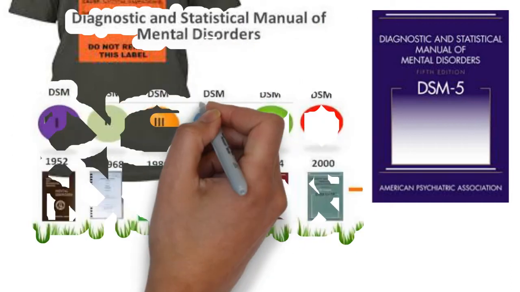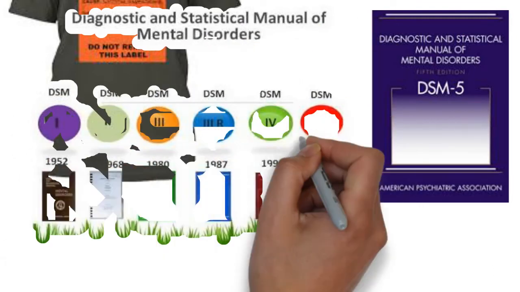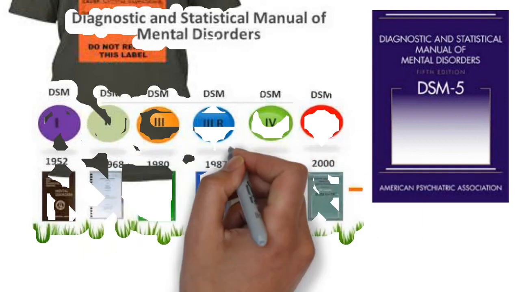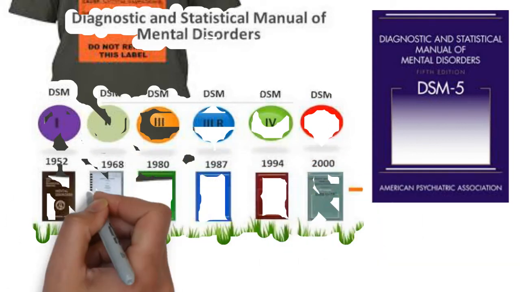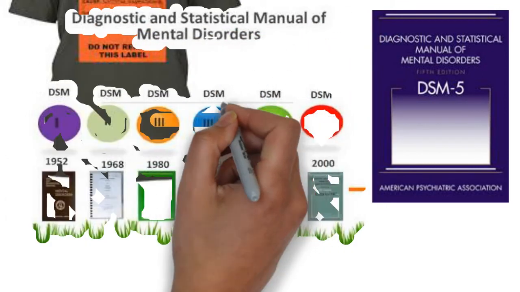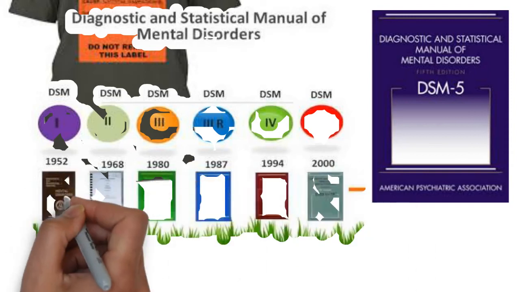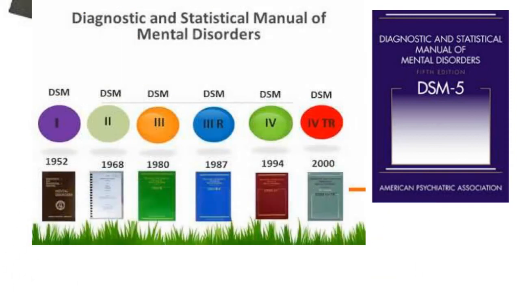Now, early on in the 1950s and 60s, this system was very highly subjective and was strongly based on Freudian theory. But there slowly became a move away from looking at Freudian insights to a cluster of observable symptoms.